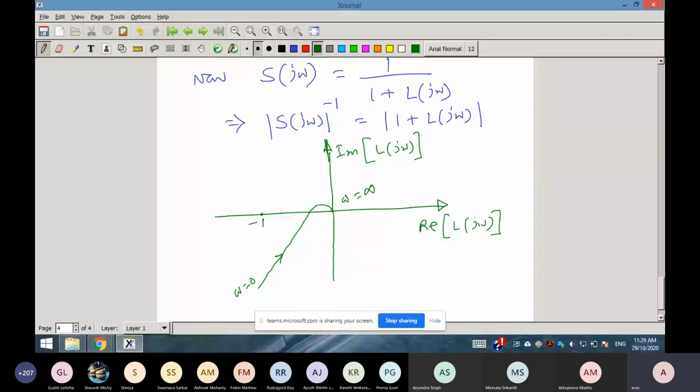Suppose you take a point at omega equal to omega 1.